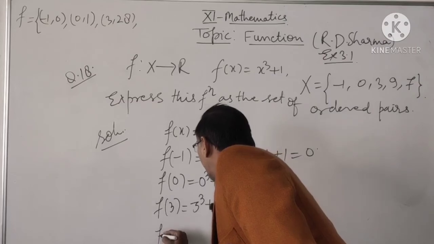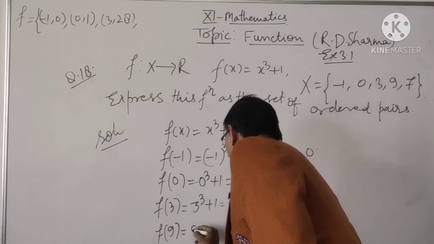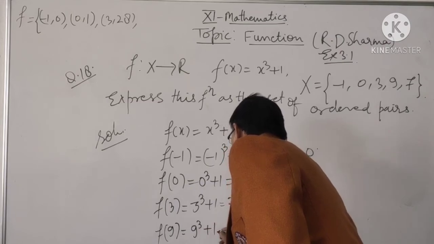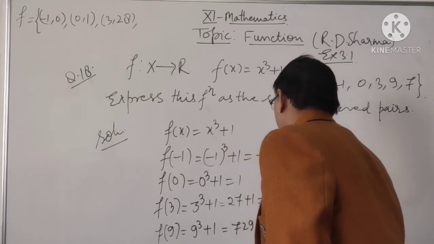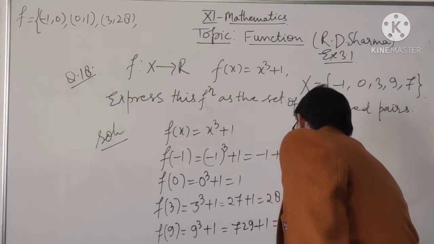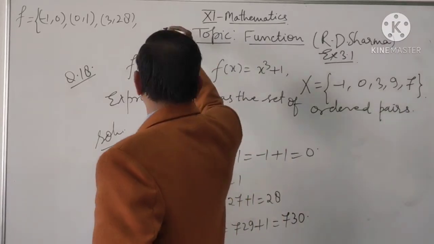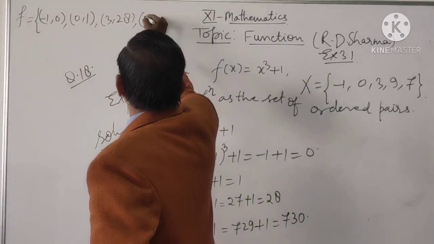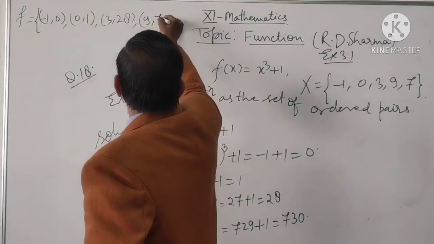When x is 9, it is 9 cube plus 1, it is 729 plus 1, it is 730. So it is (9, 730).